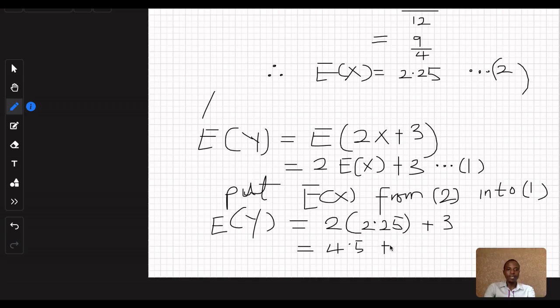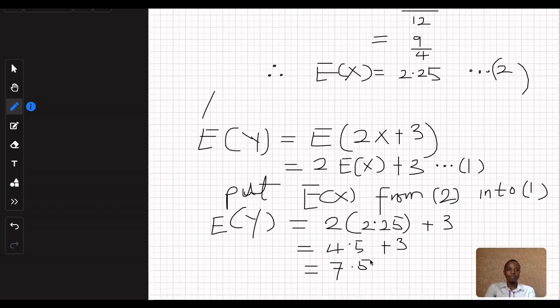You add 3, and that should give you 7.5. So we have our mean for y, and that will be all for the mathematical expectation. Thank you.